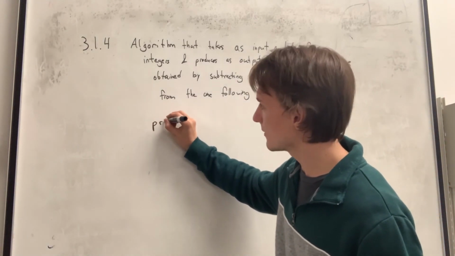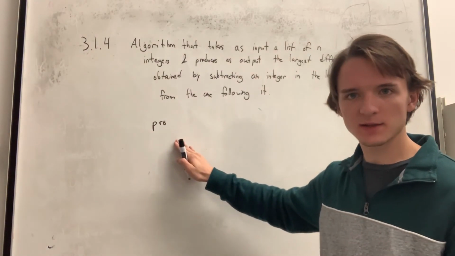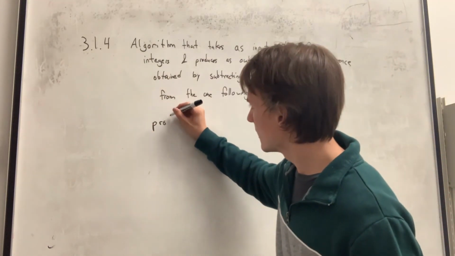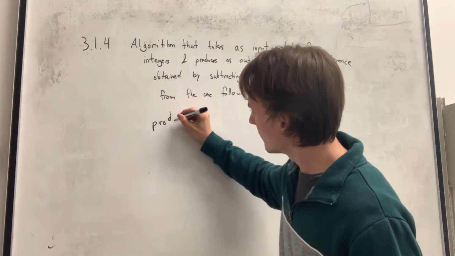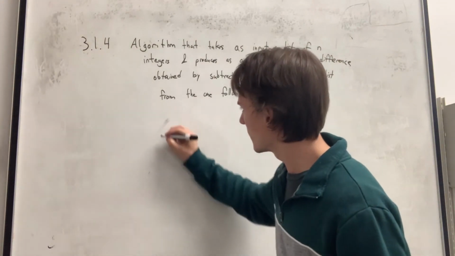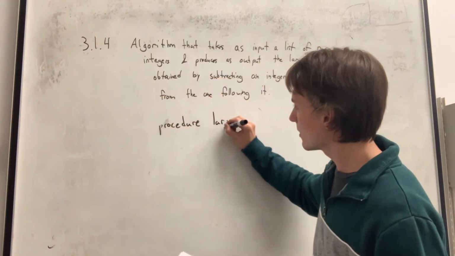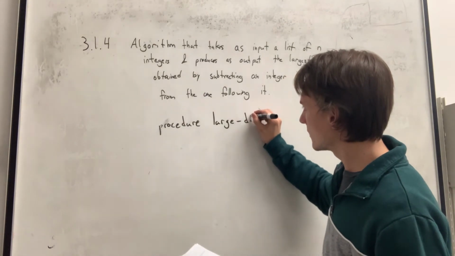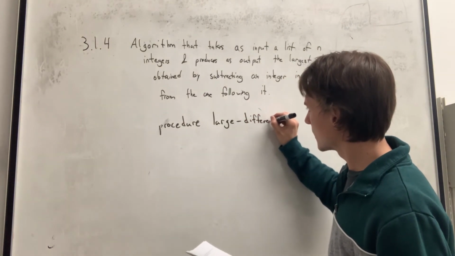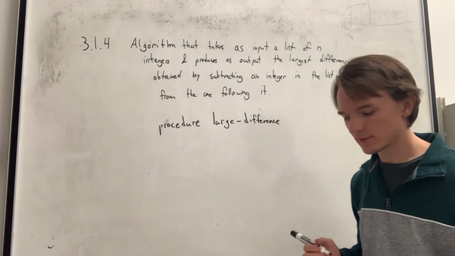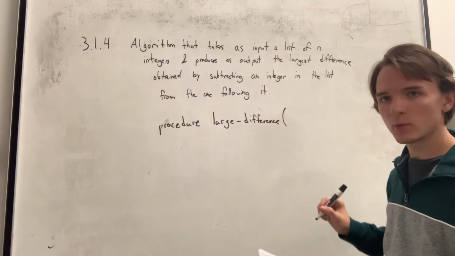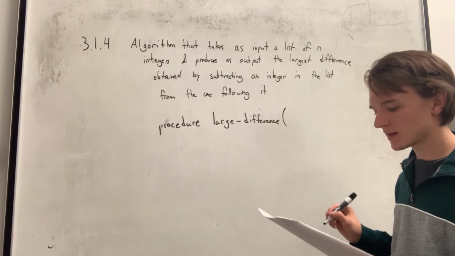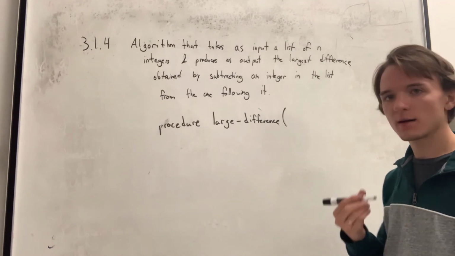Let's say instead of putting function like we would in something like C, for example, let's put procedure. Call it a name. Let's call it the large difference for largest difference. And as input, we take a set of integers called A, for example.